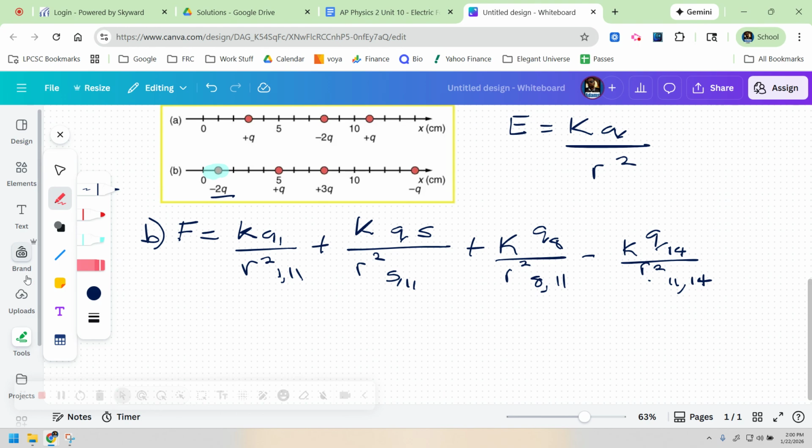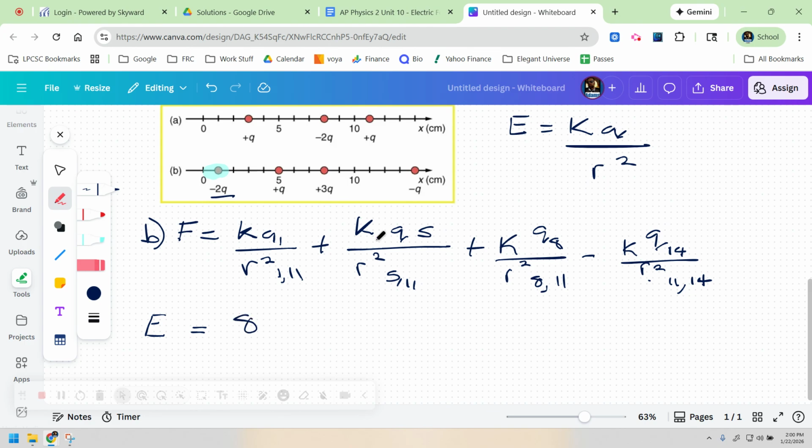Okay. And remember that Q is equal to 5 times 10 to the -9. So just like we did before, to find the electric field, we're going to factor out K, because all of these have K in them. 8.99 times 10 to the +9.